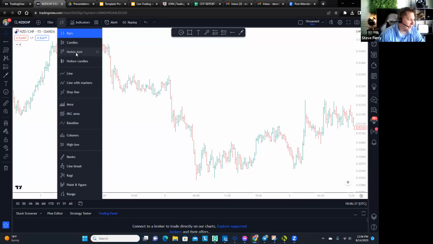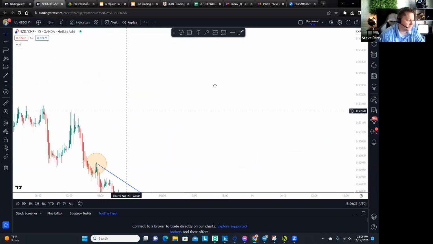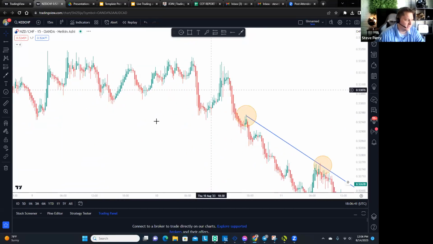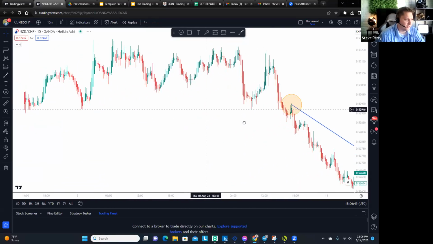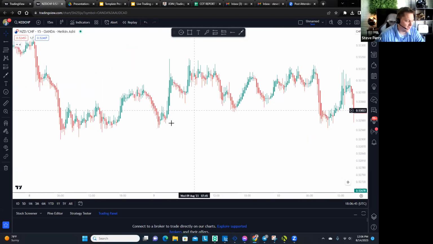Then you have Heikin-Ashi charts like this. The whole idea with Heikin-Ashi is that they try to draw out more of a trend with these candlesticks rather than a mix of candles.